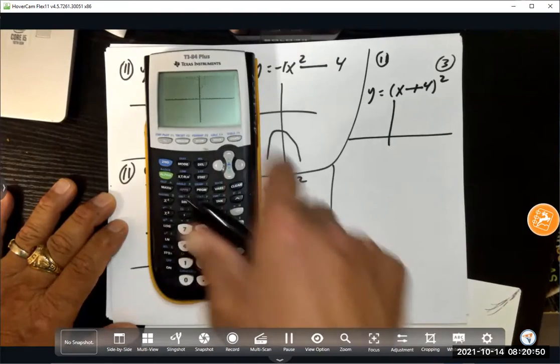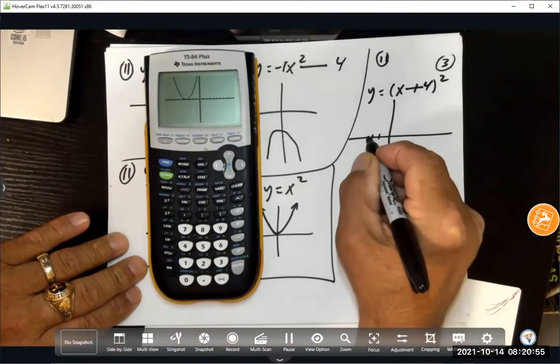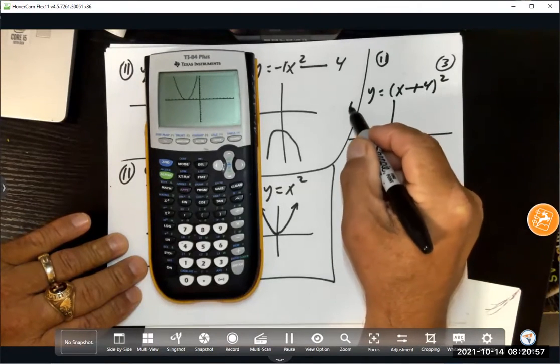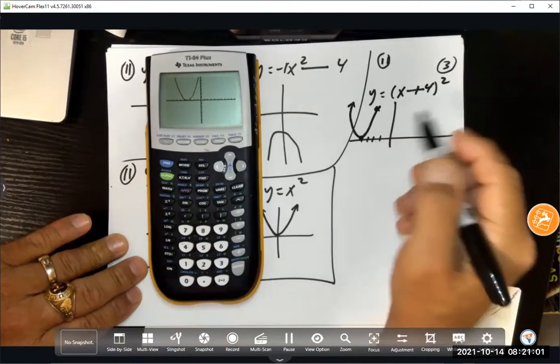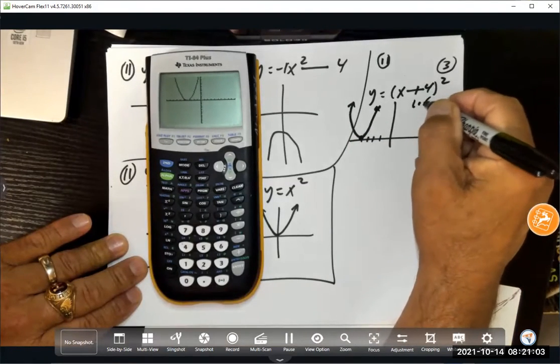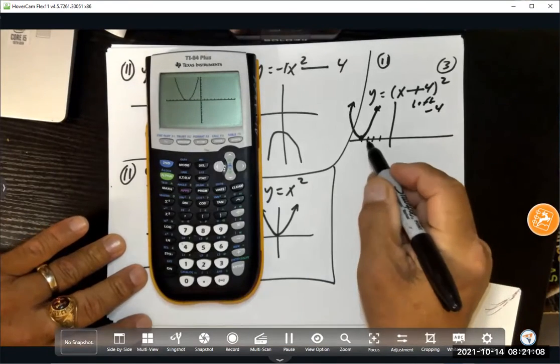Hit graph. It's gonna go left 4 spaces. 1, 2, 3, 4. It's gonna be over here somewhere. Yeah. Okay, so it's gonna go left, -4. So now that's what it does there, right?